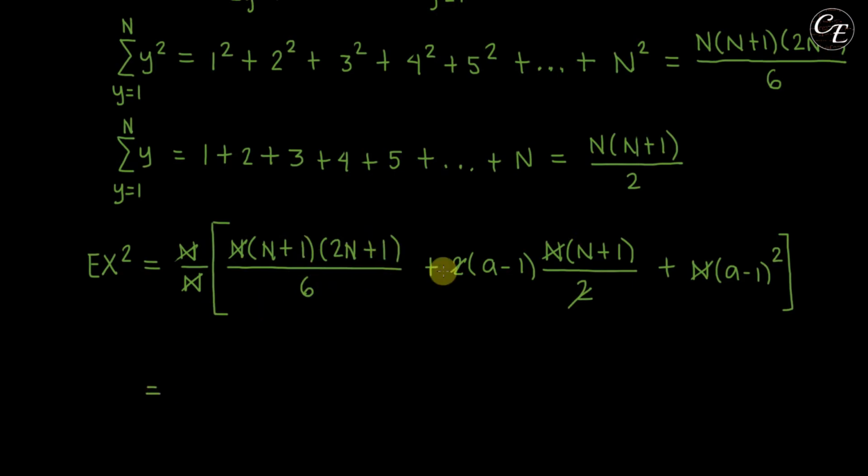For these two, we have a common factor n plus 1. So we have here n plus 1. Then times, we can have here a common denominator of 6. So we have here 6. Then what we're left with in here is 2n plus 1.